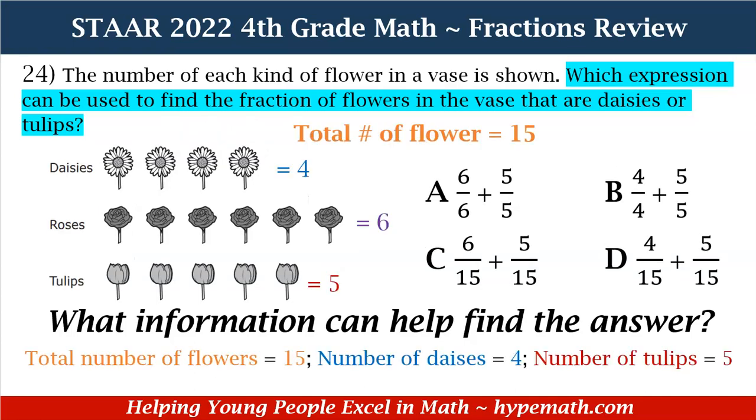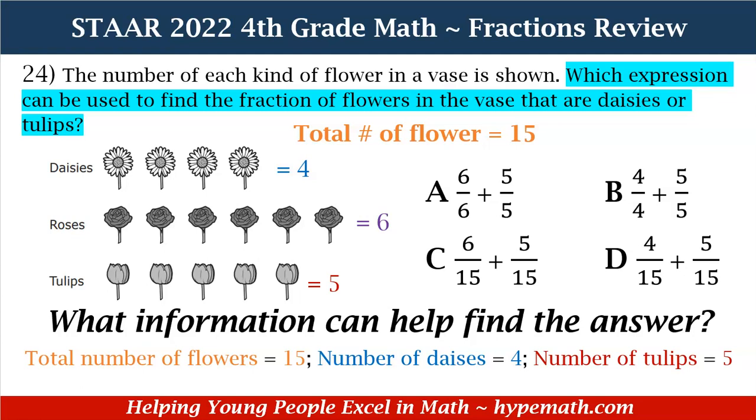There's a total of 15 flowers all together. Again, the total number of flowers is equal to 15. We know that there are 4 daisies, 6 roses and 5 tulips.